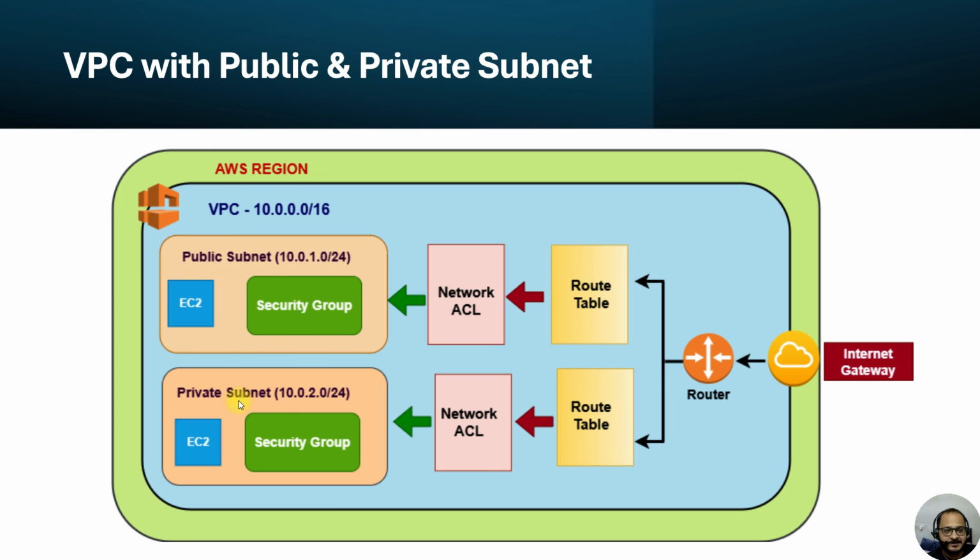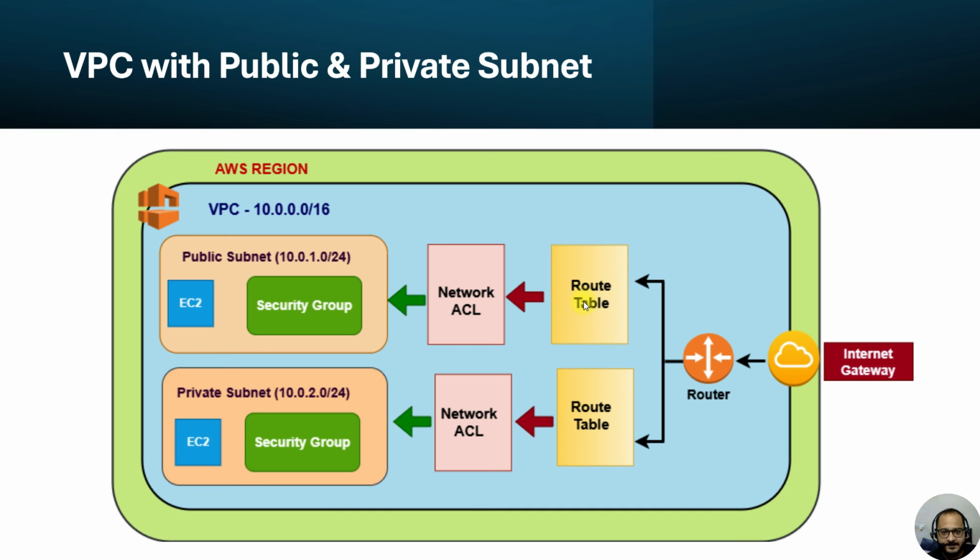In the private subnet, for example, we can host our databases. So nobody can access your database if it's in a private subnet. Whoever is part of this particular subnet can access the database from this subnet. Then you can see here the network access control list.